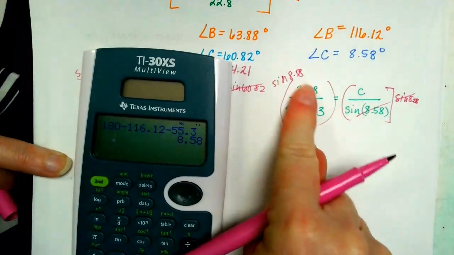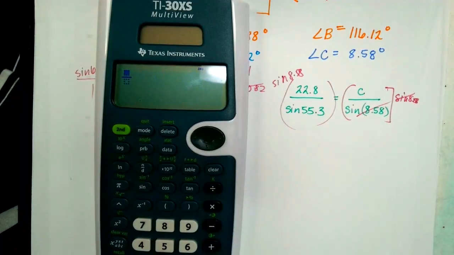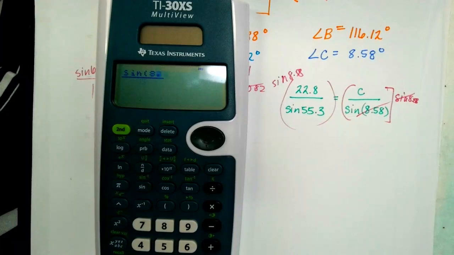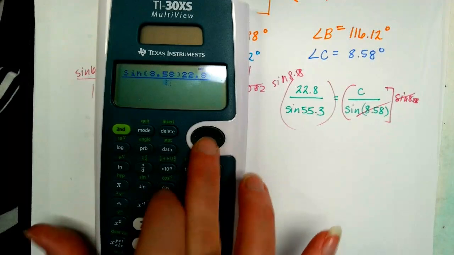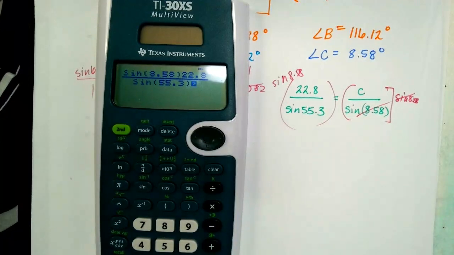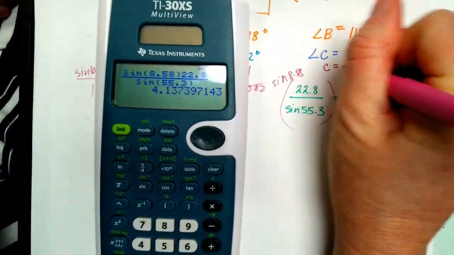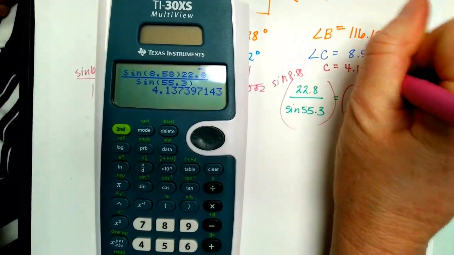So I'm just going to plug that in the calculator. And if this was my triangle, it would be a side of 4.14.